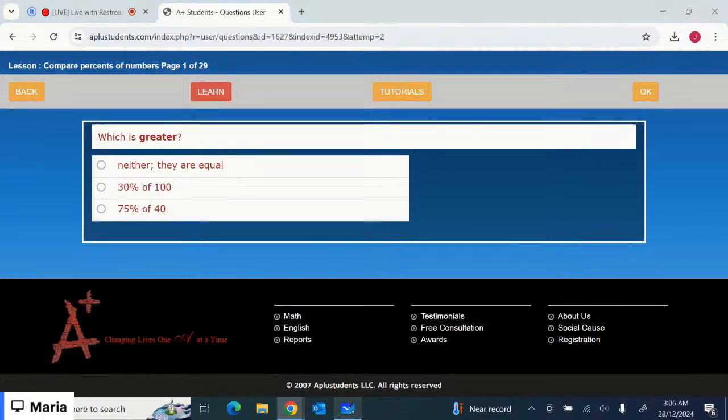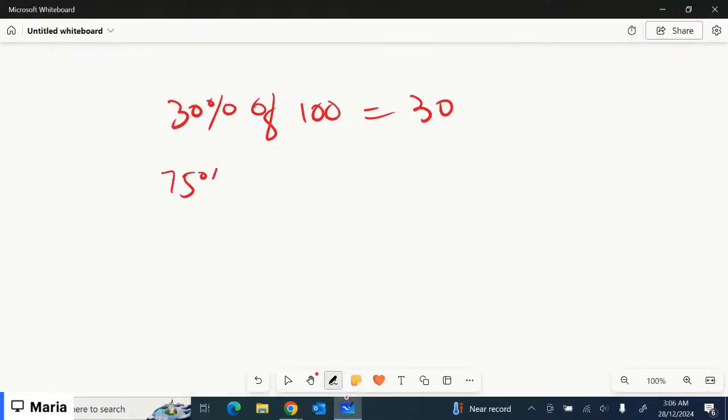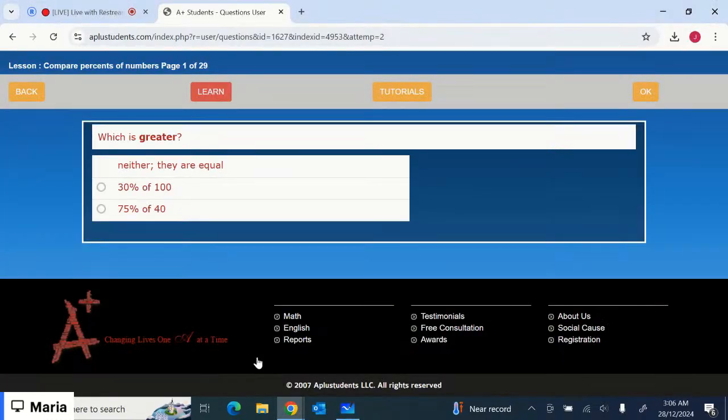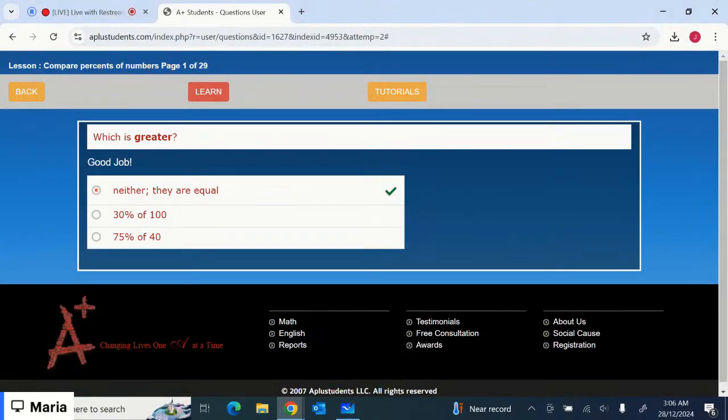And the second one is 75% of 40, so you have to do 0.75 times 40. Let me just do the calculations. That is also 30. So which is greater? Neither, they are equal. Option number 1 is the correct option because they are equal.